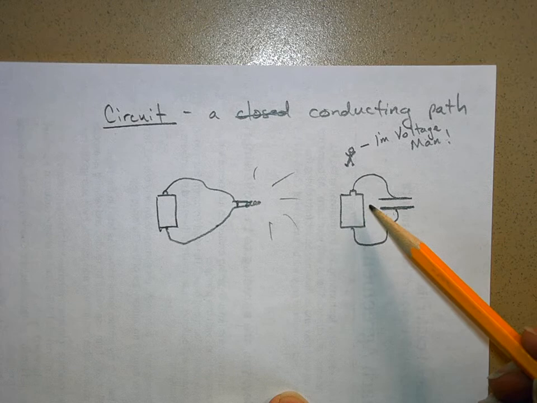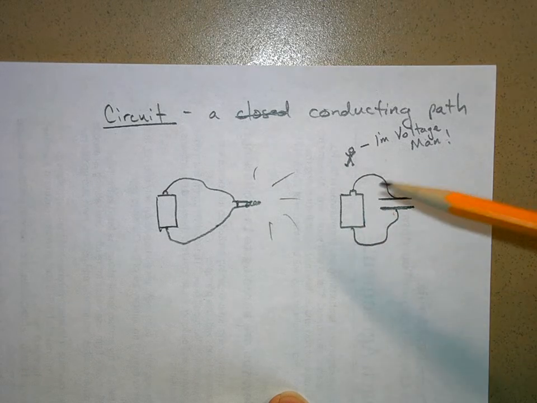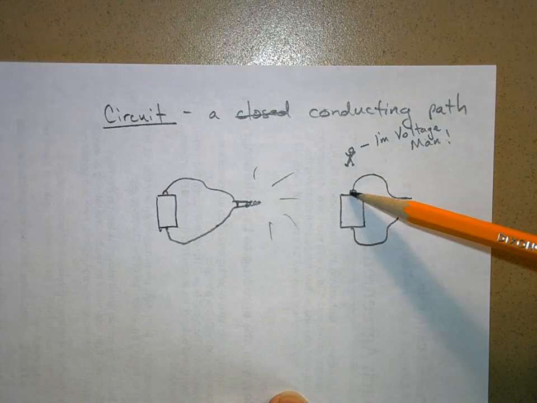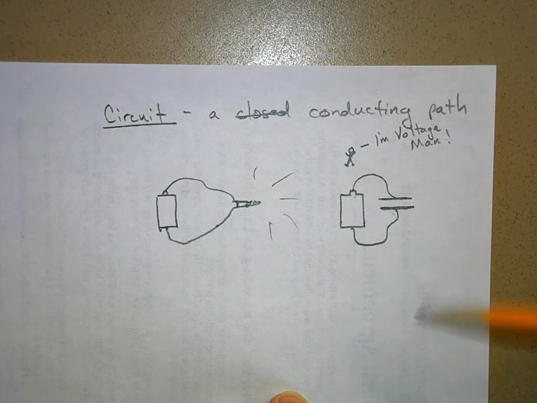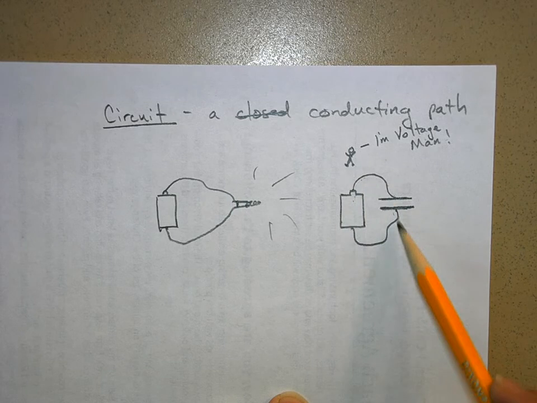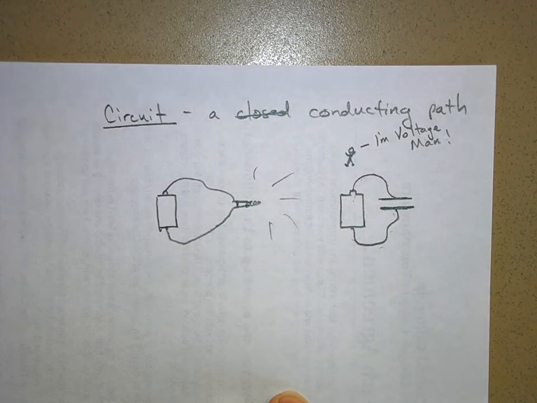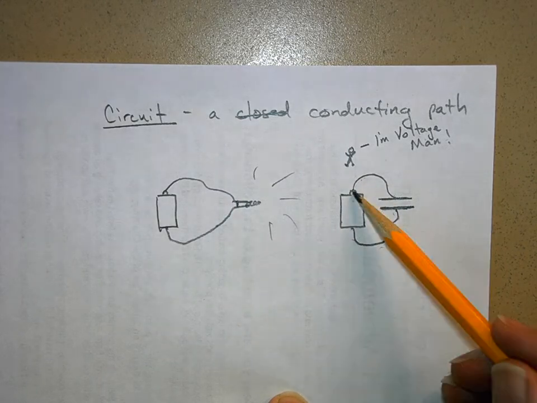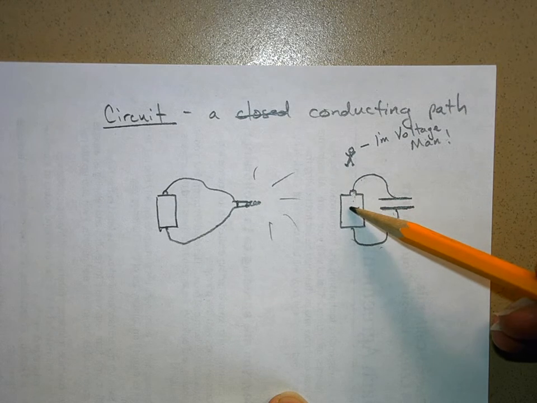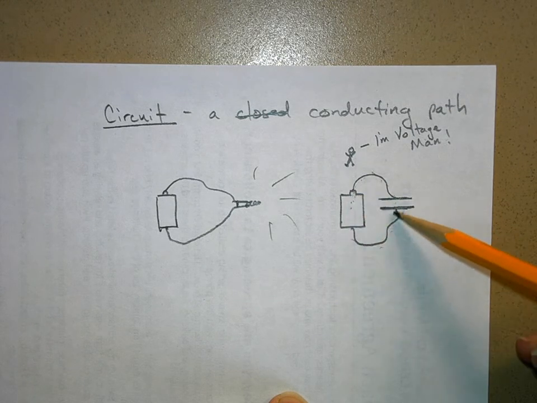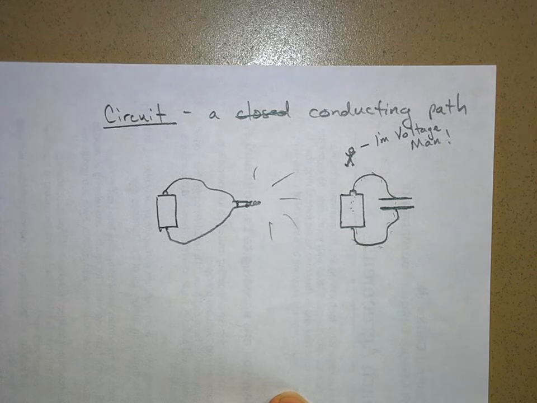And the superpower that a voltage man would have is that they can go around a circuit and measure the voltage instantaneously everywhere. So essentially, they can exceed the speed of light. They can be in multiple places at once. And what they do is they walk around a circuit and they measure voltage. And if you have something where voltage man can start here and go around and come back where they came from, that is a circuit.